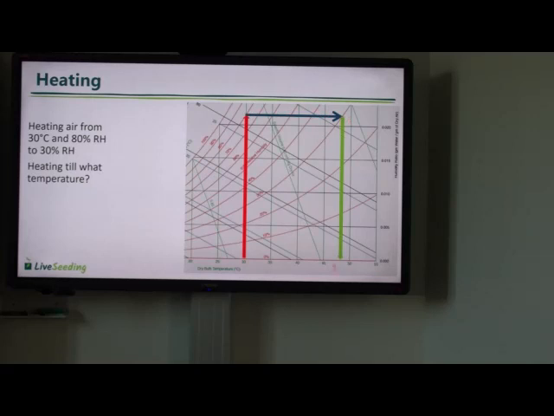And you see that in the tropics you should go to 48 degrees Celsius. Well, that is killing your seeds, especially if they are humid. So that makes it in the tropics very difficult to do seed drying with outside air.